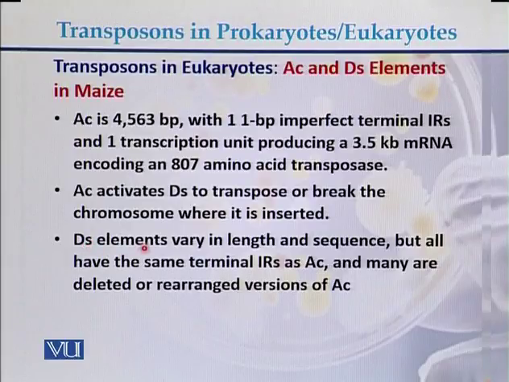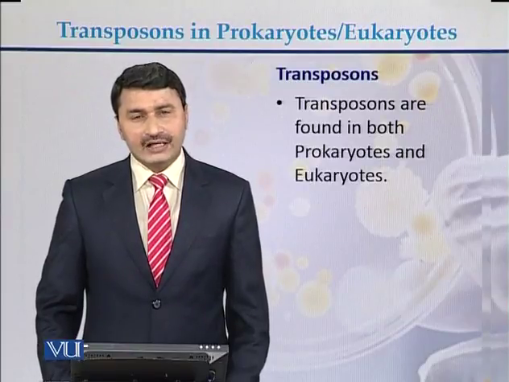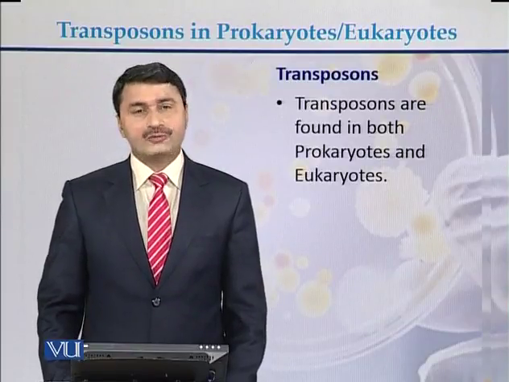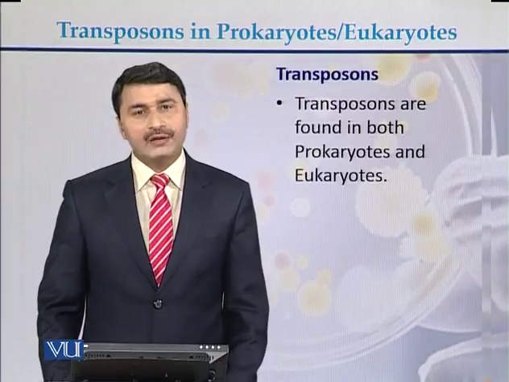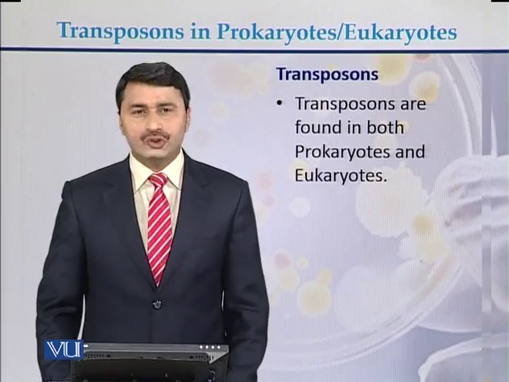The Ds elements vary in length and sequence, and all have the same terminal inverted repeats as Ac, and many are deleted or rearranged versions of activators. So if we conclude, what are transposons? Transposons are found in both prokaryotes and eukaryotes.